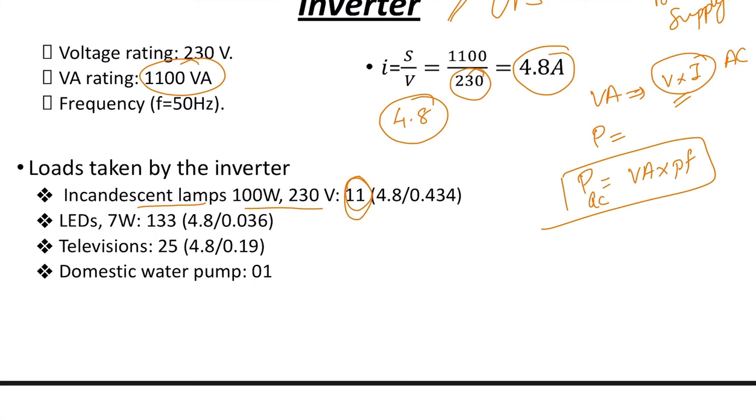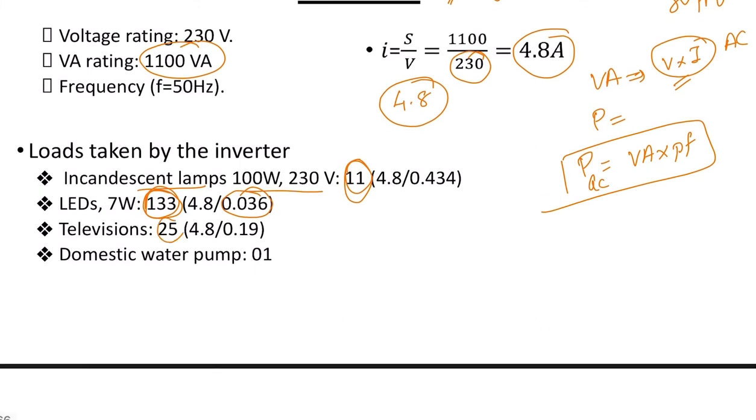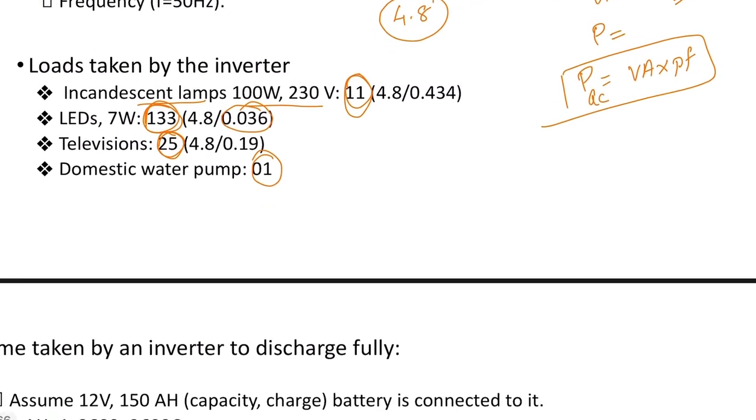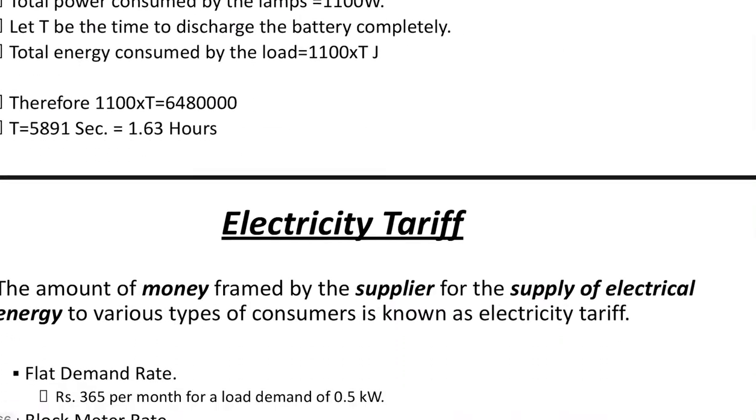You can run 133 LED TVs, with each LED TV having this much current. Or 25 televisions on this 1.1 kVA inverter, and one water pump you can run on this. So this is about the inverter.